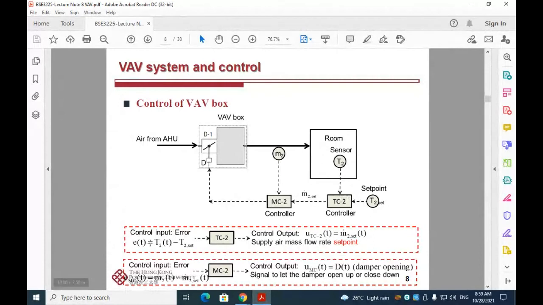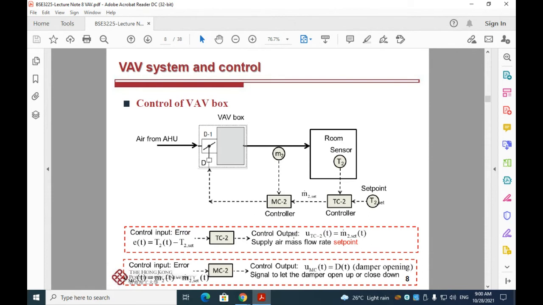So the control input is the difference between the two temperatures, the set point temperature and the actual temperature, and then the controller will output, send the signal or send the control output.